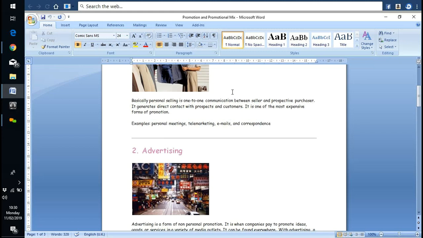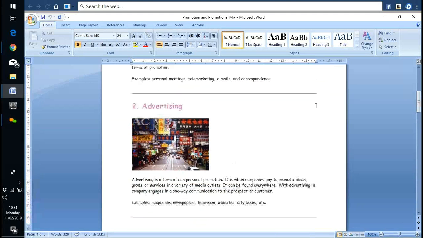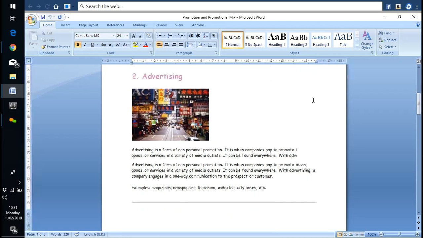That word of mouth costs you absolutely nothing, whereas one-to-one trying to sell something is quite expensive. Examples: personal meetings, telemarketing, emails, and correspondence.